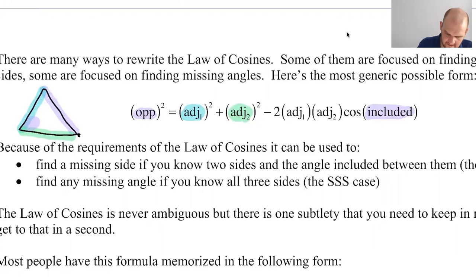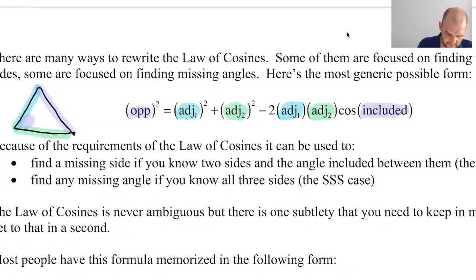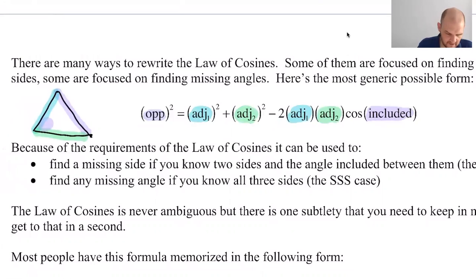So the side opposite the angle squared is adjacent one squared plus adjacent two squared minus 2 times adjacent one times adjacent two times the cosine of the angle. That's how I basically remember it.